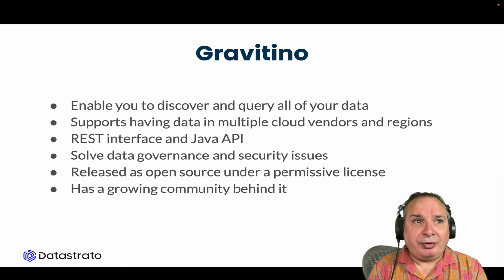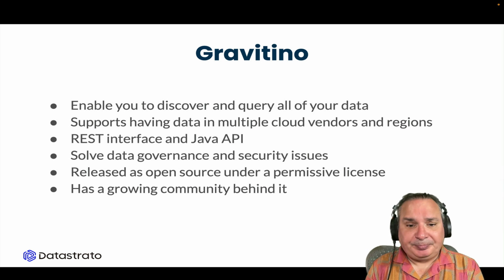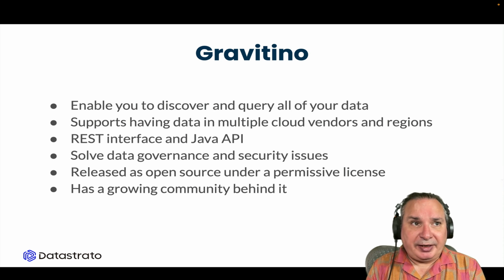We've had more than 30 people make contributions to the project, and they're people outside of our company. And we're seeing that growth accelerate. So it's great that you came along to this webinar, and hopefully you can be interested in being part of the Gravitino community as well.